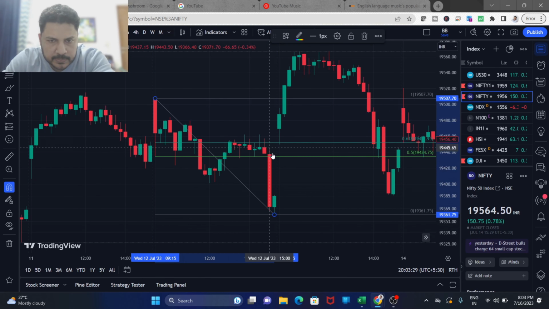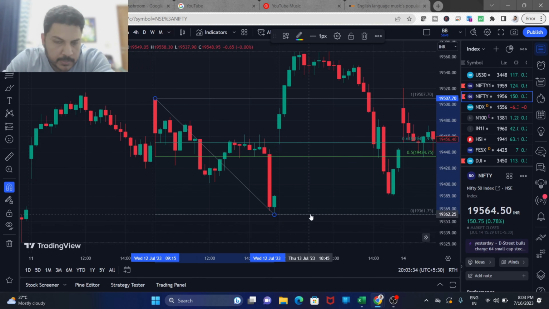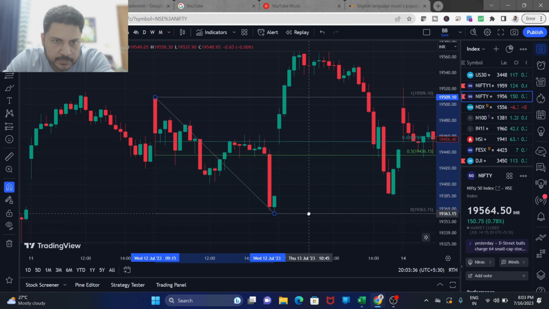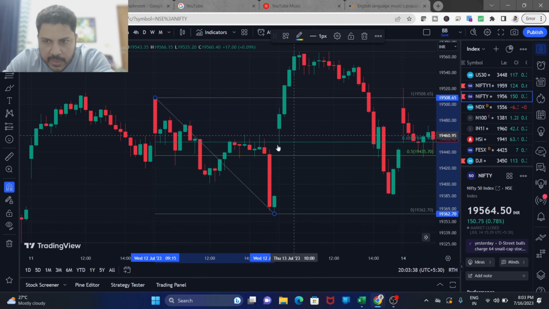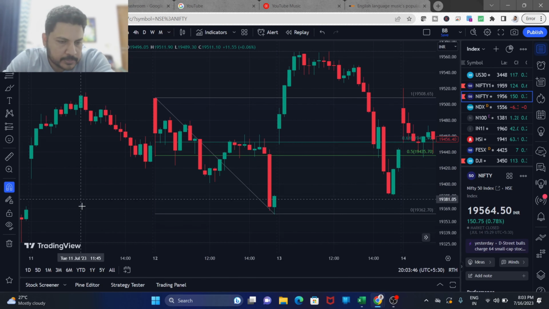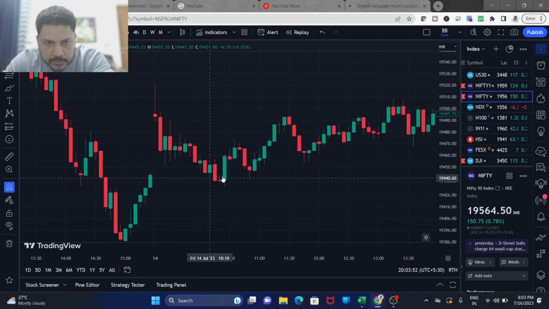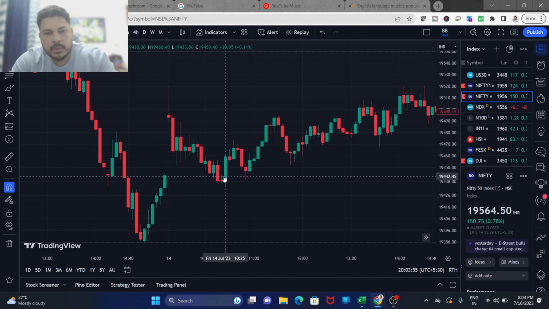You see it went up to the low, and the next day, where did the candle bounce? The candle bounced exactly at the 0.61 level from here, and then it moved up. So let's see this on a lower time frame, how it works.